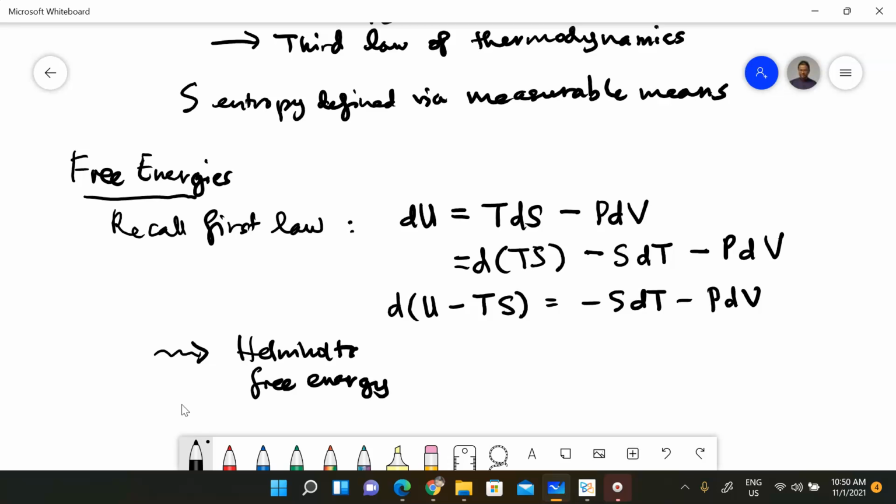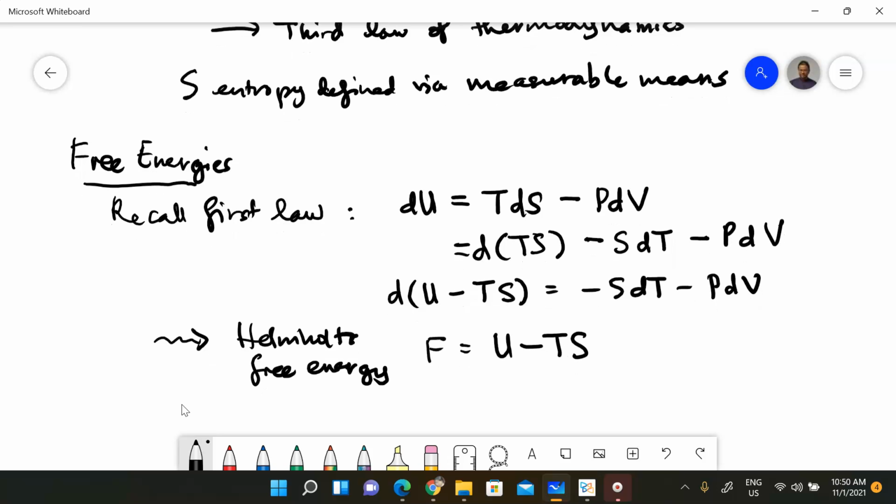I hope you can read my handwriting there. This is given the notation F, which is defined as U minus TS. So this one is essentially dF, written in terms of the differentials dT and dV.